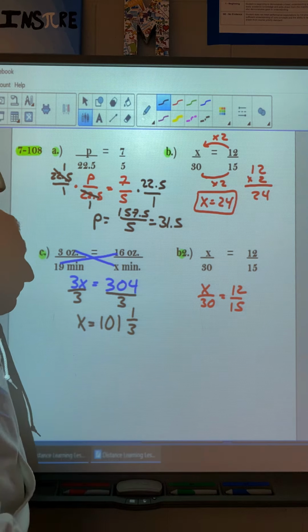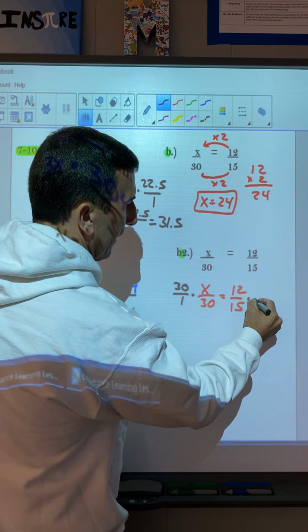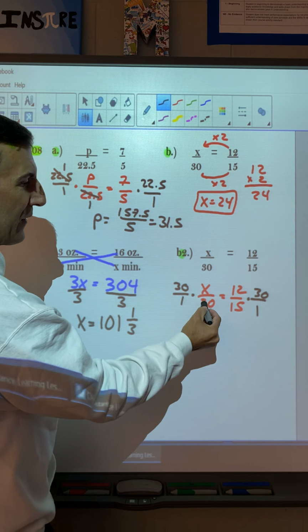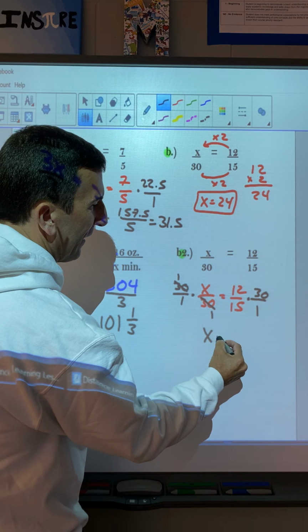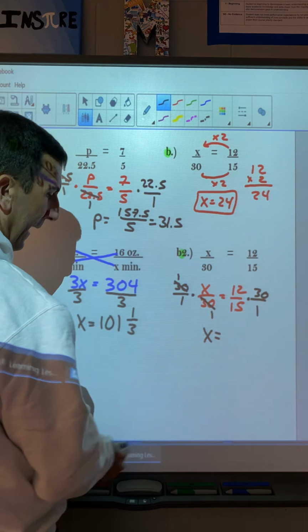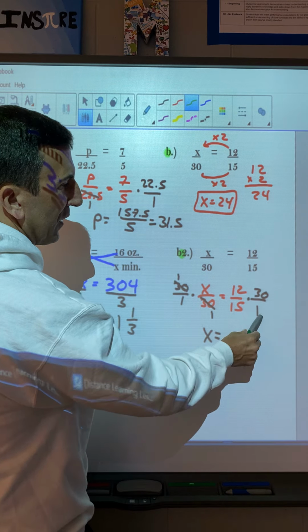So we need to get rid of the 30. So let's multiply both sides by 30. We're going to multiply by the denominator that's there. So now I have just x on the left side. Then look at how easy this is. I have 12 over 15 times 30 over 1.